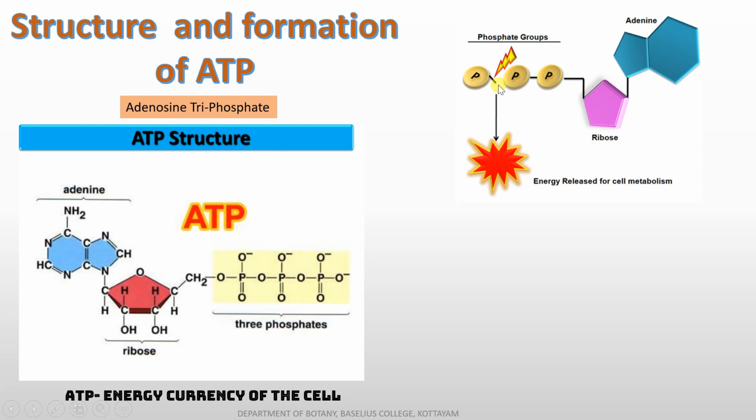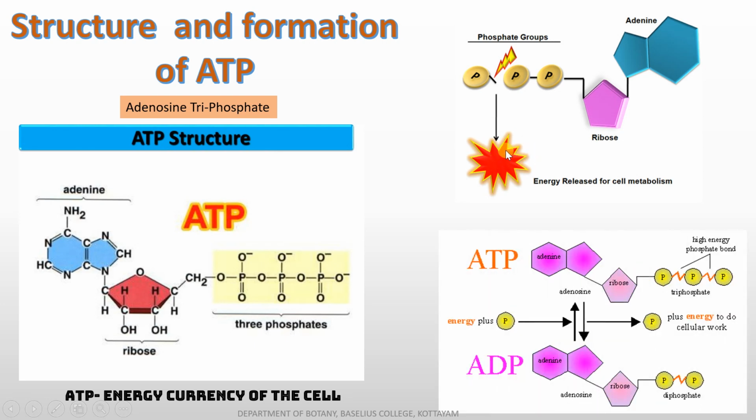These two phosphate bonds are known as high energy phosphate bonds. So by the breaking of these two high energy bonds, a high amount of energy is released and this energy is utilized for cell metabolism. In living cells, ATP is formed from ADP and inorganic phosphate.